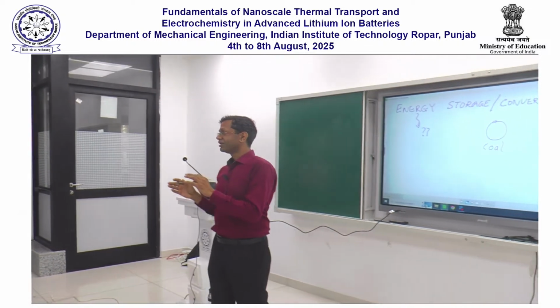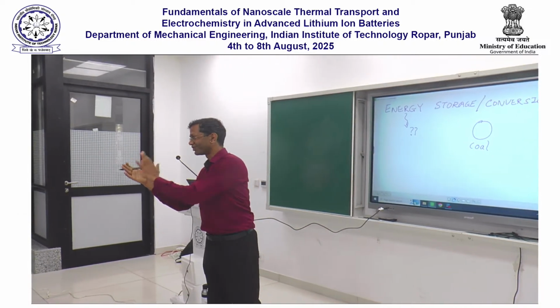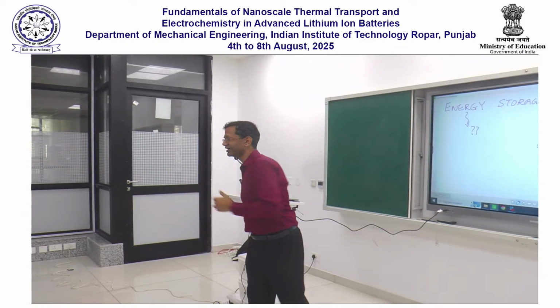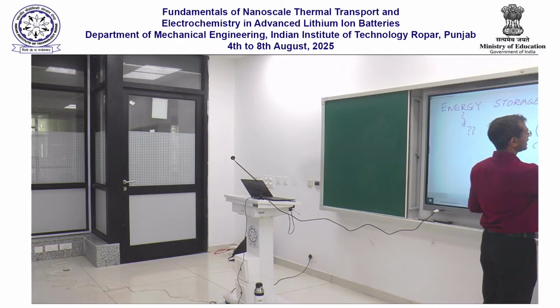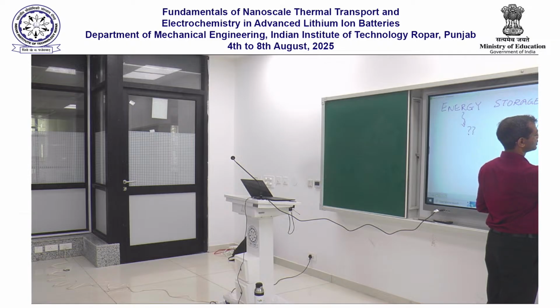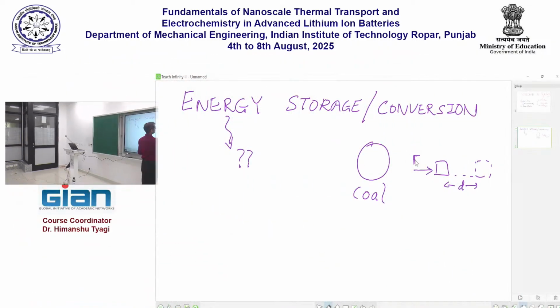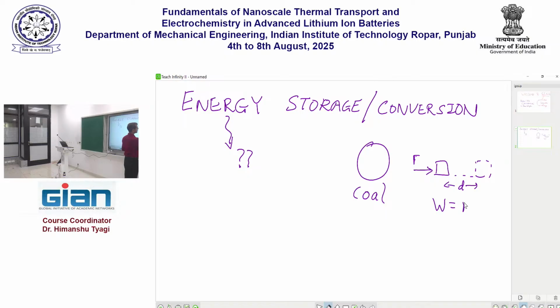Work is being able to apply a force to move a body, right? So if I have a body and I'm able to apply a force on it and it's able to move a certain distance d, then the work done is force times distance.